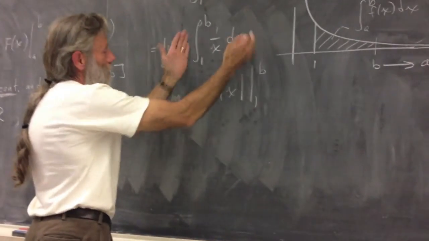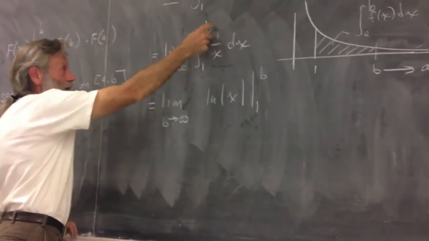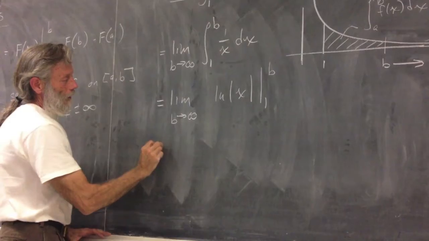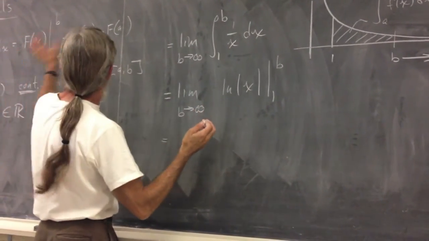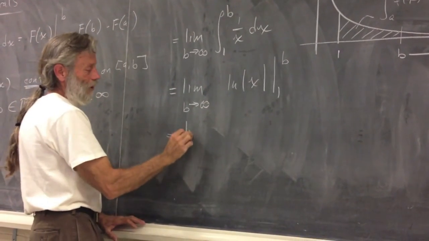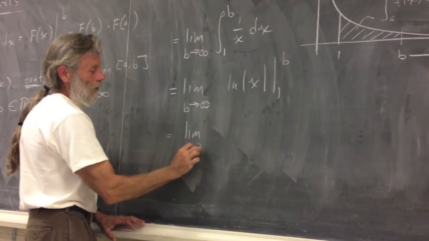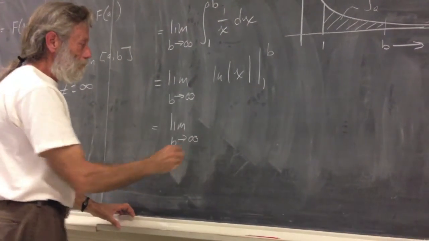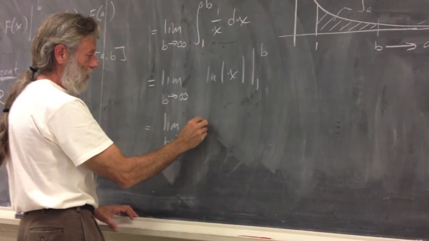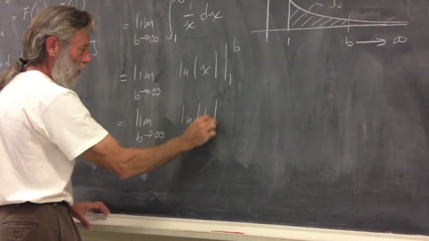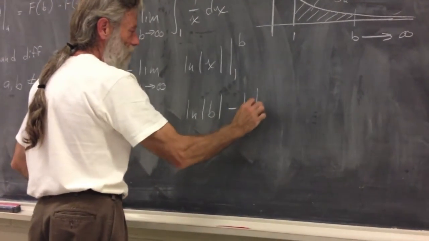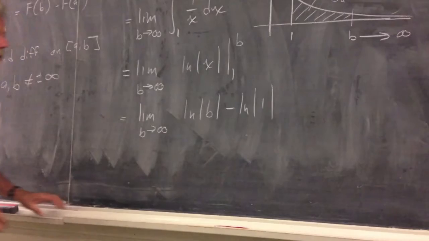Everything's legit because b is finite. Then do the last part like this, but still keep the limit as b goes to infinity. So now I'd have the log of the absolute value of b minus the log of the absolute value of 1.